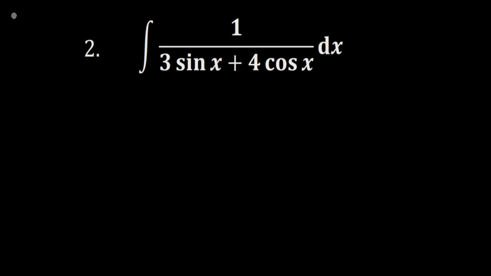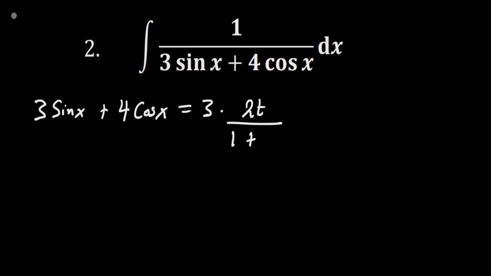Term 2. To solve this problem, first we are going to work on the denominator, and this is 3 sine x plus 4 cos x, equal to 3 times the value of sine x, which is 2t over 1 plus t squared, plus 4 times cos x.